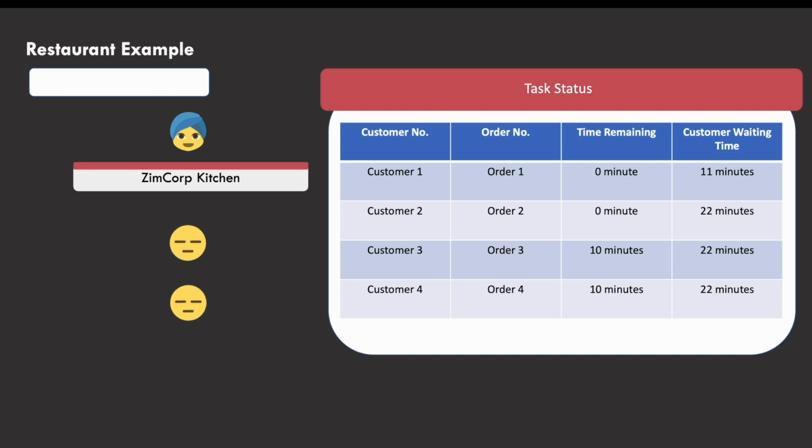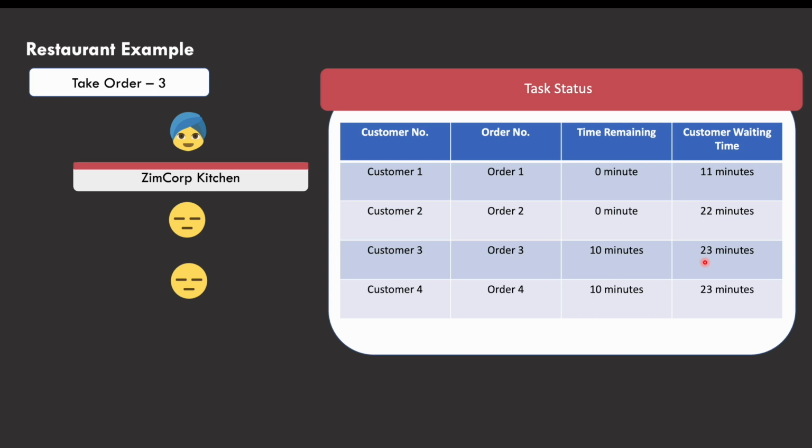So now coming to customer 3, the chef starts to take order number 3. So while the chef takes the order, we've got 23 minutes for both customer 3 and customer 4, adding 1 minute to the previous 22 minutes that they had, right?